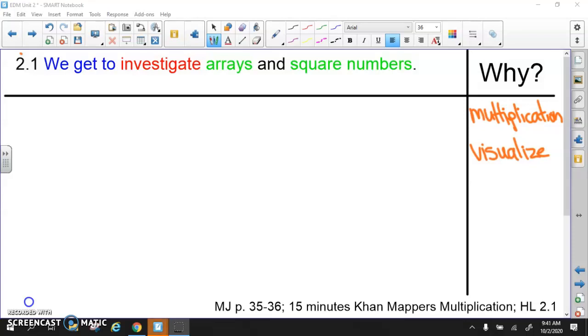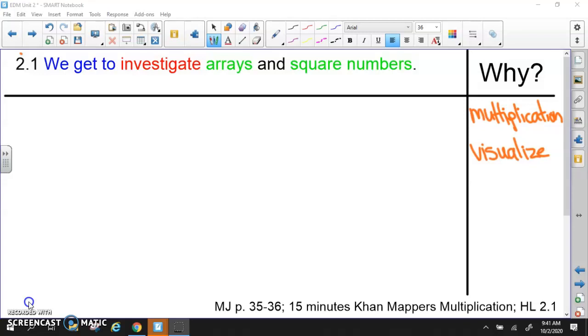So let me start with this. The answer to a multiplication problem is called a product. Yesterday, you guys ran into an issue. You didn't know this word, so I'm going to put them both on the board for you.